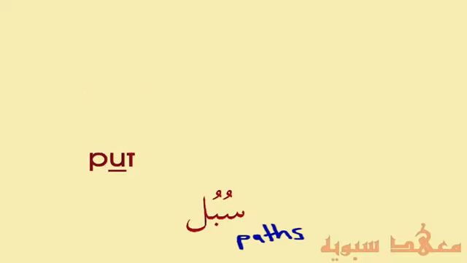Let's get to the kasra. The kasra, as we showed you, is a line at the bottom of the letter, and the sound it has is like the I in the word sit. So it's an E sound. For example, if I transliterate that into Arabic, you have the sin with the kasra, si, and that's the ta.